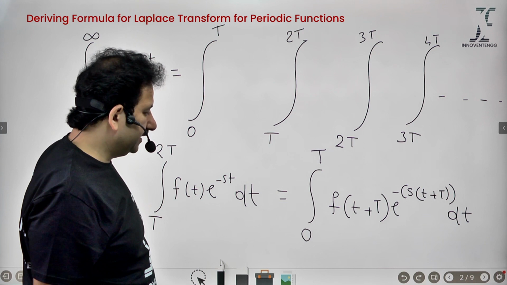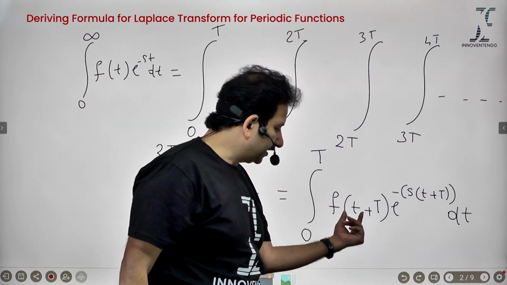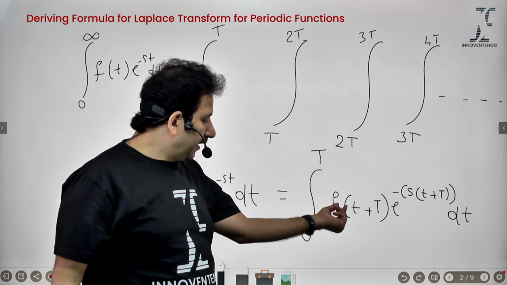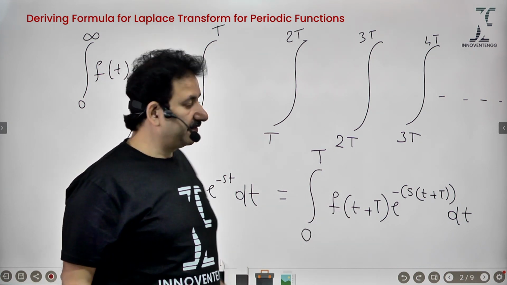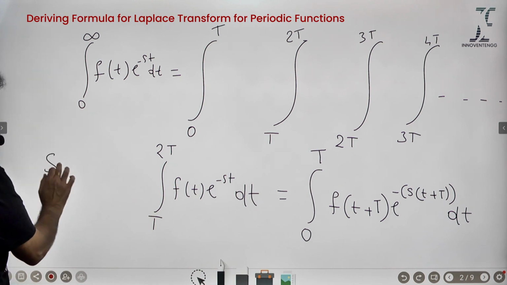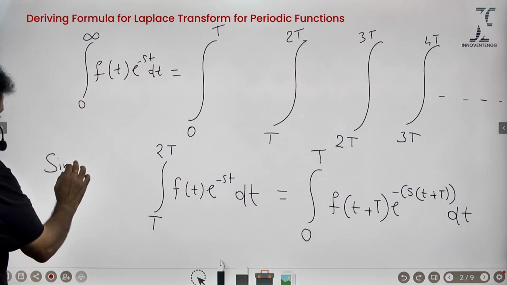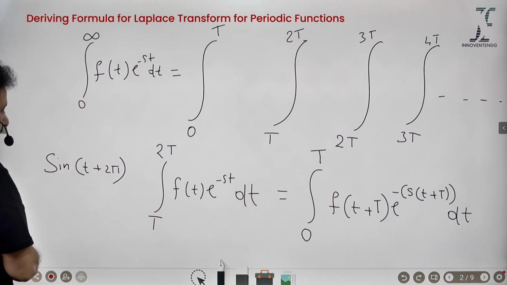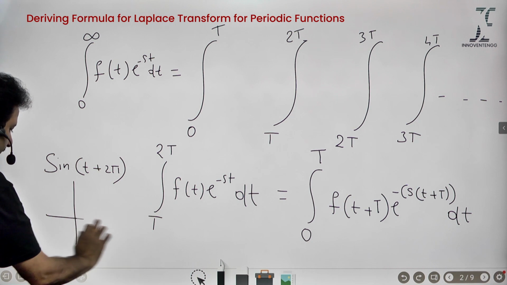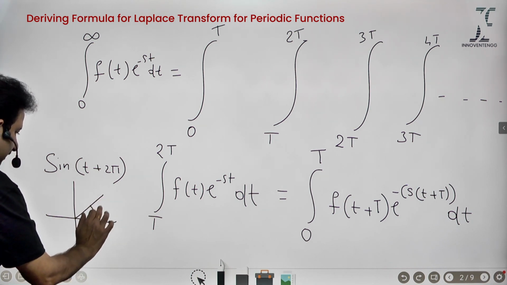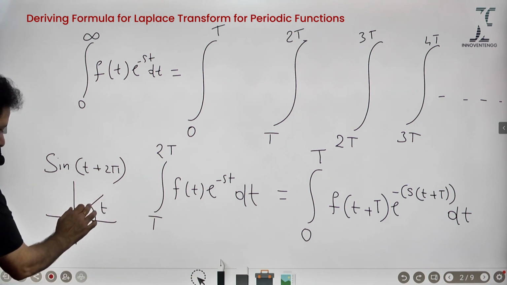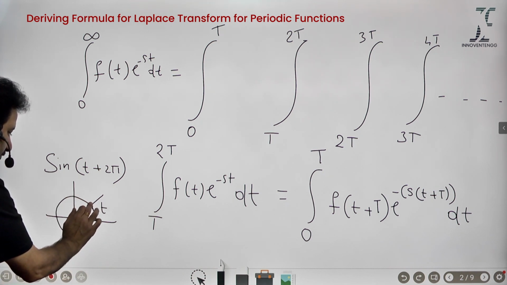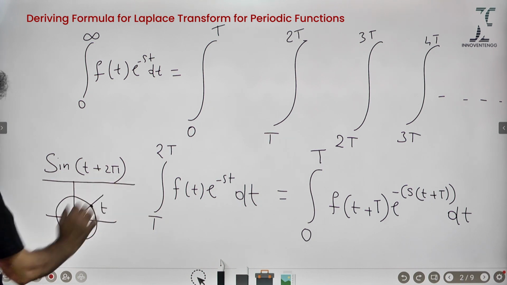Now what is very interesting to see is that this is a periodic function. Even if you add n periods, it remains periodic. The value will return to f of t. For example, if you take a sinusoidal function, what happens if I add 2 pi to that? Let us say t is measured in the first quadrant. Let us say this is my t, and if I add 360 to this, it will come back to the same point.